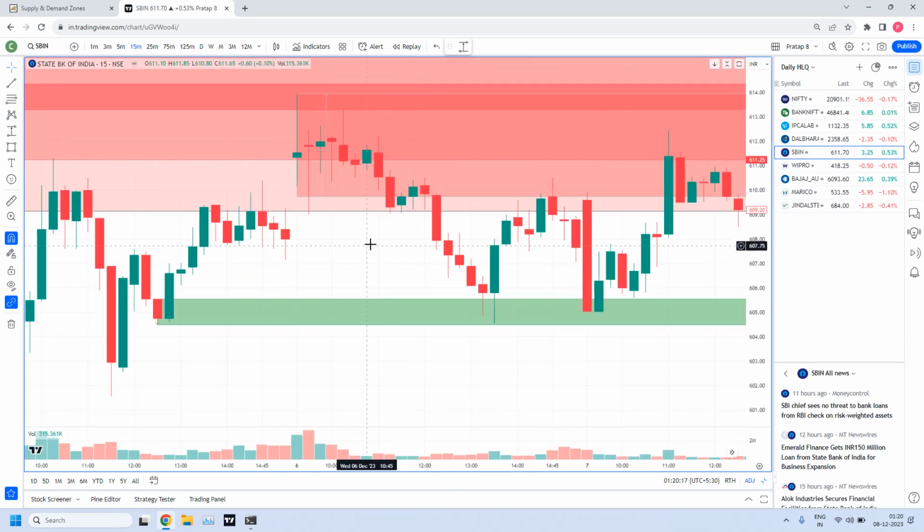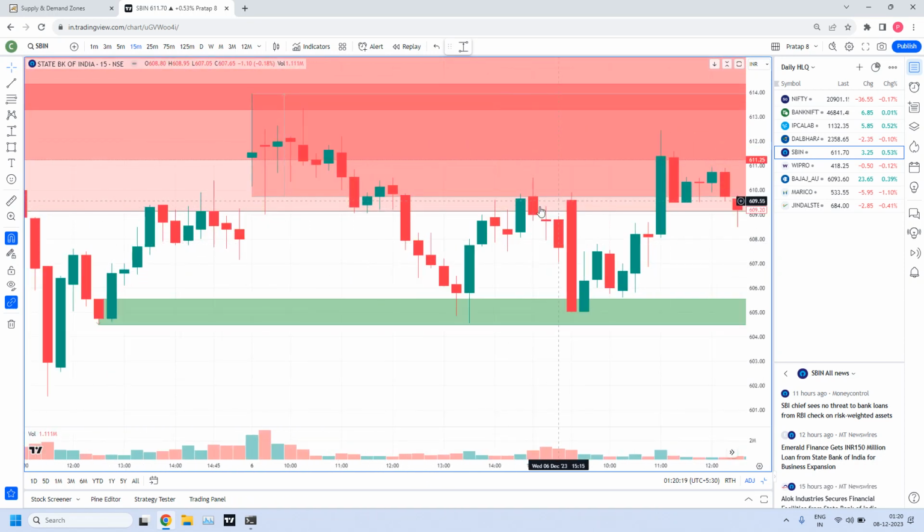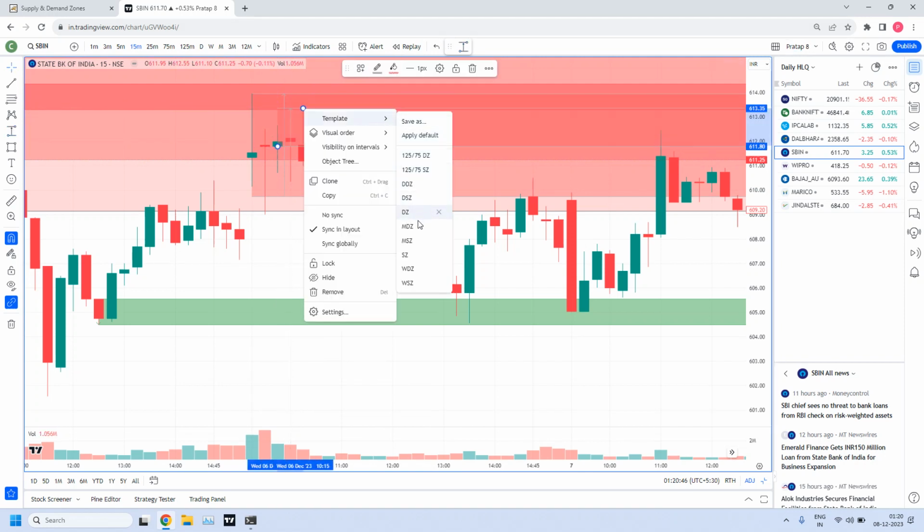In the 15 minutes time frame, here I am finding an ERC candle and then base candles and then a drop candle. I can draw a zone something like this. This is a 15-minute zone.